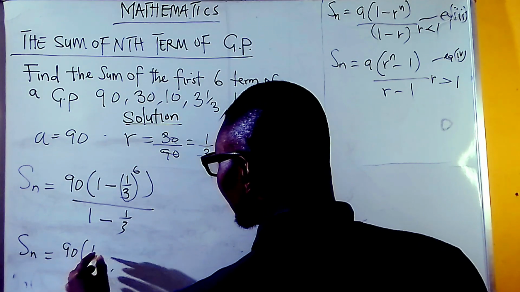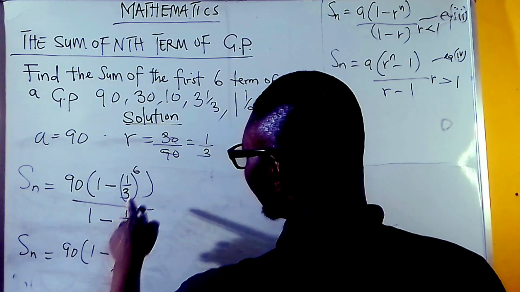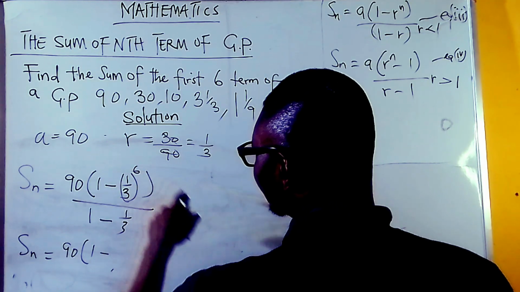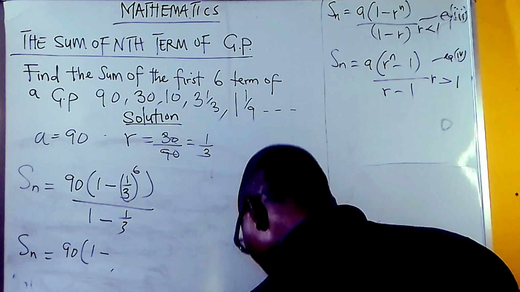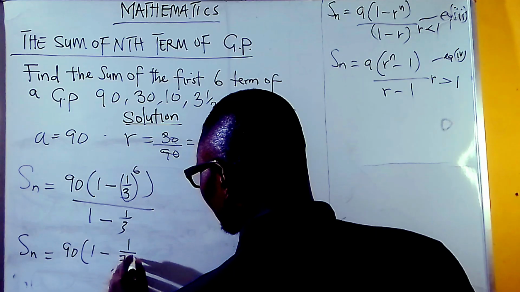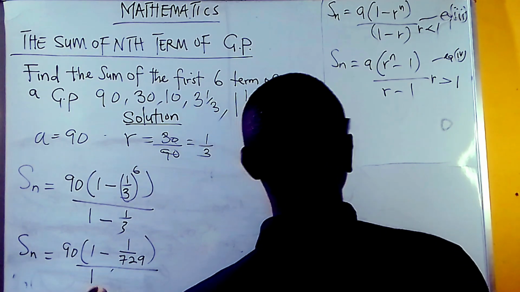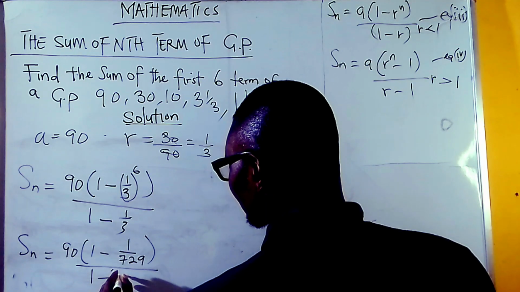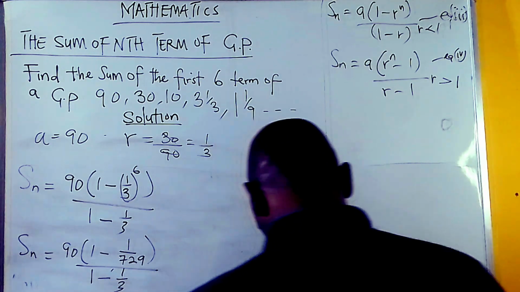90 into 1 minus, now 1 raised to the power 6 is still 1, and 3 raised to the power 6 will be 729. So we now have 1 over 729, all over 1 minus 1 over 3.